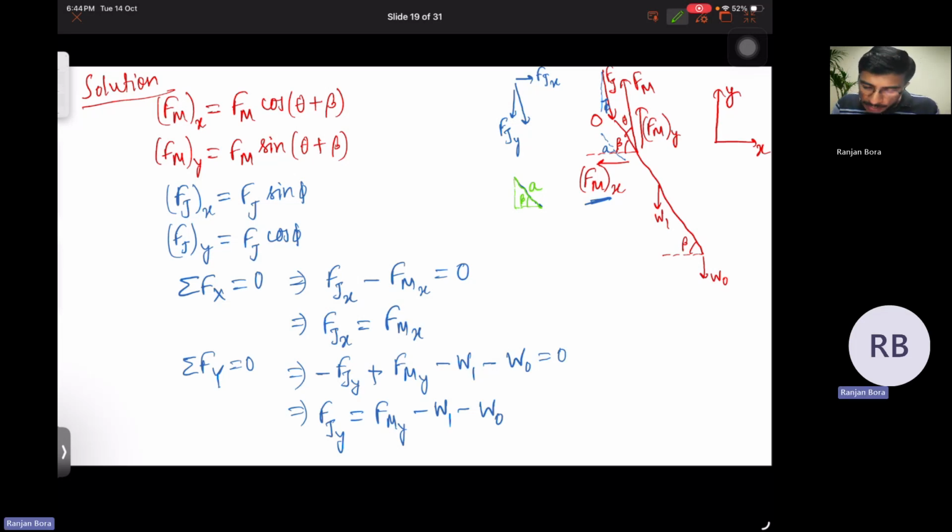So what is this horizontal component? It is A cos beta, and the vertical one is A sin beta.